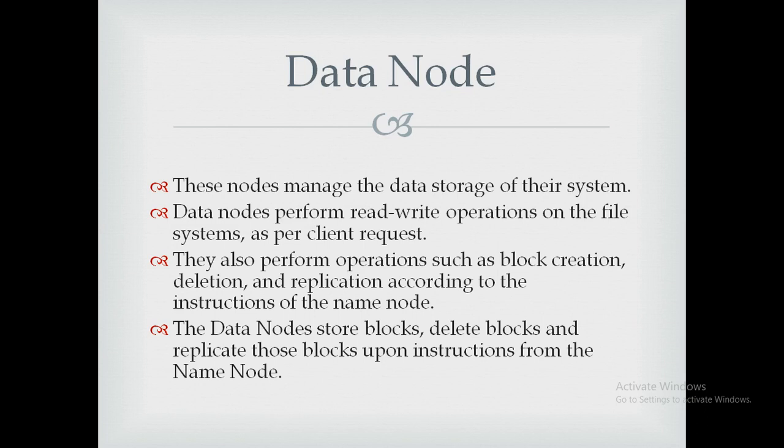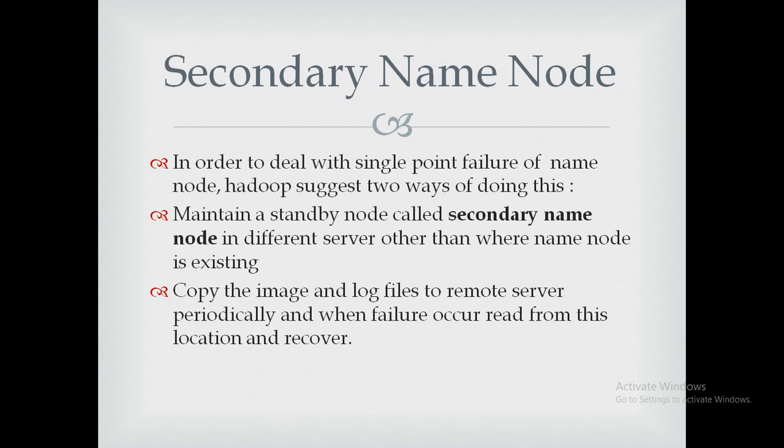Then what if the name node fails? HDFS has an additional security criterion that if a single point of failure is happening, or if any issue due to which the name node fails, then Hadoop suggests two ways to deal with such type of failure. First, it will maintain a standby node called the secondary name node, and the other way is that a copy of the image and log files which is stored in the name node is remotely saved to this secondary name node.